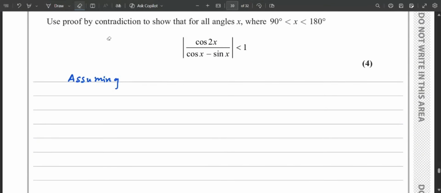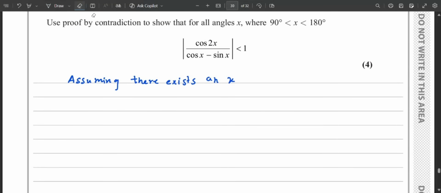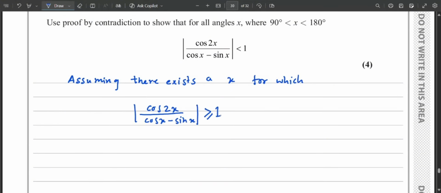We need to assume that there exists an x for which our expression with modulus is greater than or equal to 1.